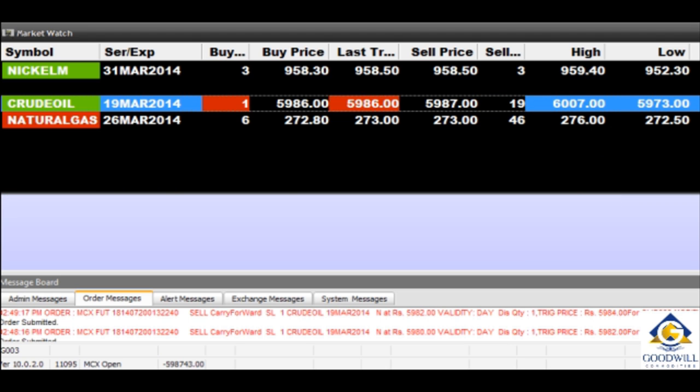Now you can see once the price reaches 5984, my order will be triggered under the certain condition within the limit range of 5978 to 5984. Now I could see the price is around 5985. So there are likely chances that if the price is coming down to 5984, my order will be triggered.